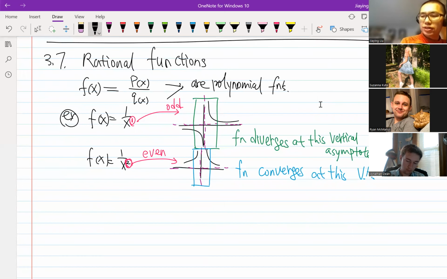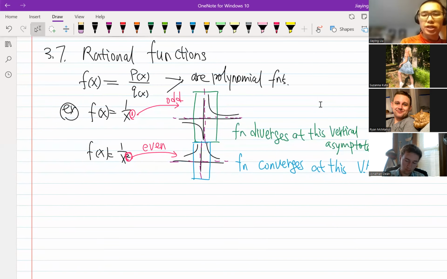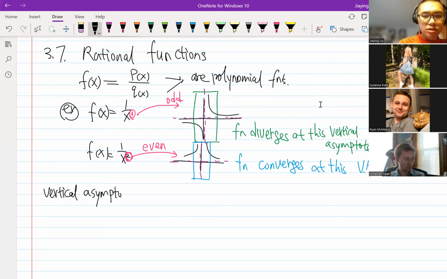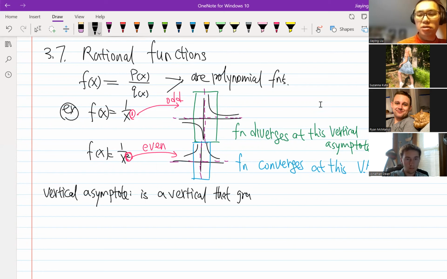So with rational functions, the first thing we can talk about is the vertical asymptote. A vertical asymptote is a vertical line that the graph of f of x approaches.